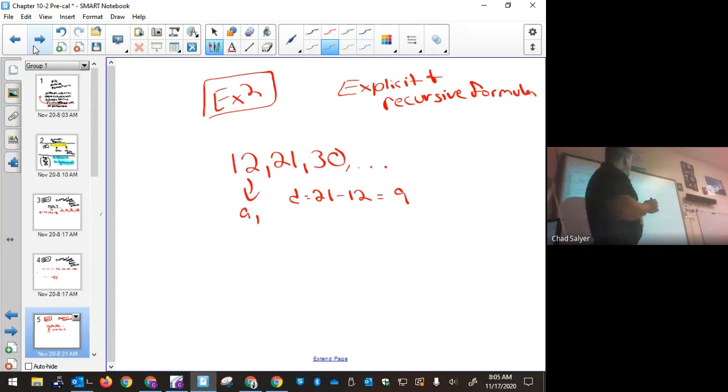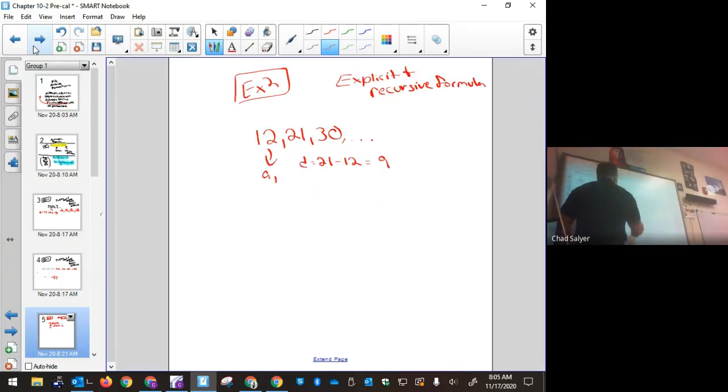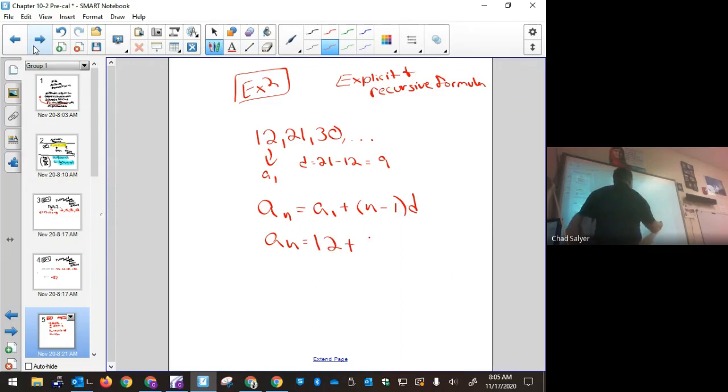So I need a sub 1 and I need d. Then I'm going to use the nth term formula: a sub n equals a sub 1 plus n minus 1 times d. So a sub n equals 12 plus n minus 1 times 9.